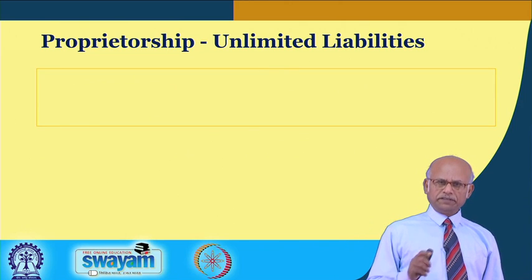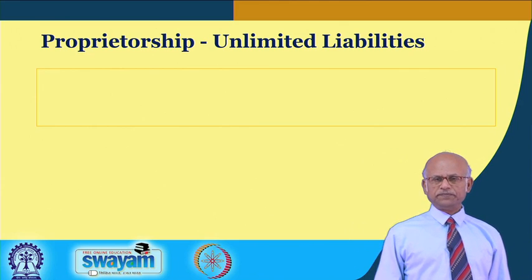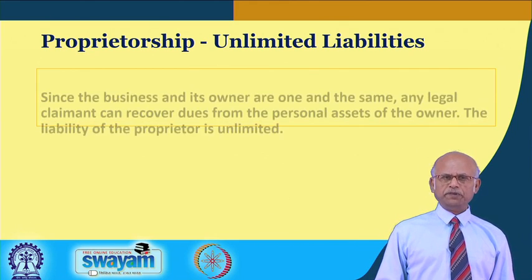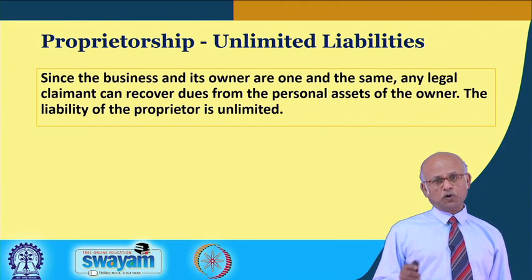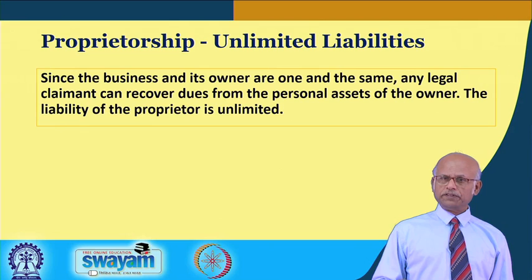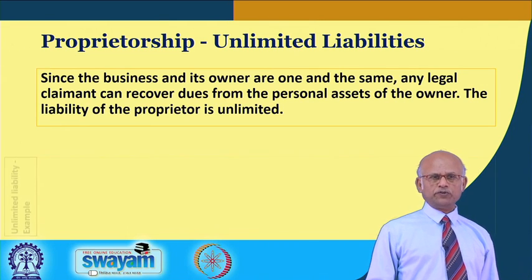The other important feature of a proprietorship business is unlimited liability, for the same reason that the proprietor and the business are not distinct entities. So, any liability of the business is the liability of the proprietor as well.